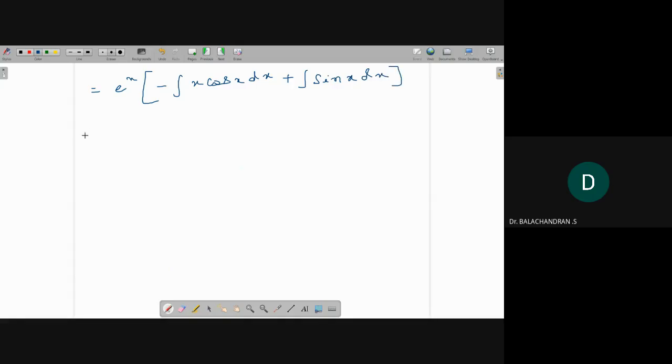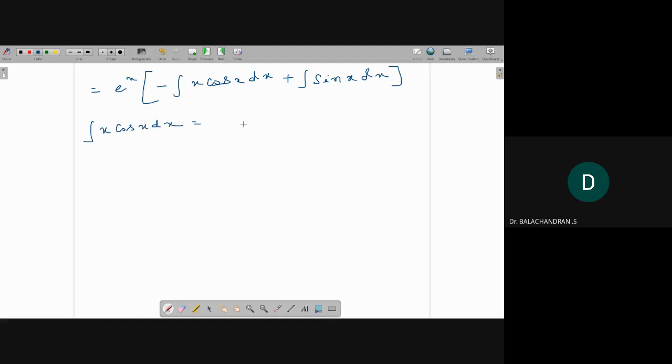So now e power x integral minus, okay, first I will tell you, first we will calculate this one, integration x into cos x dx.